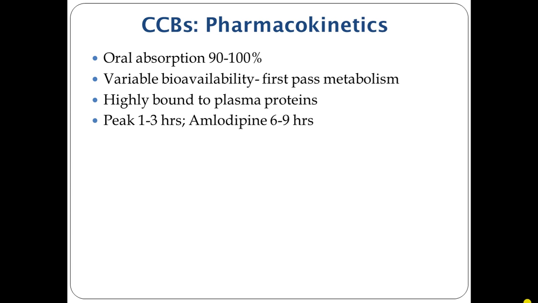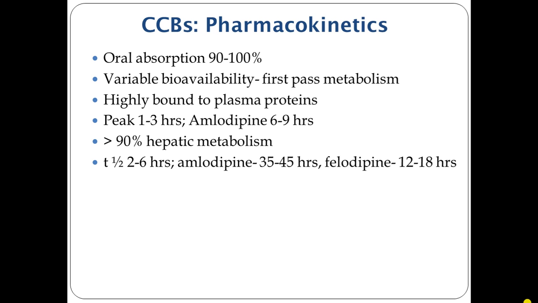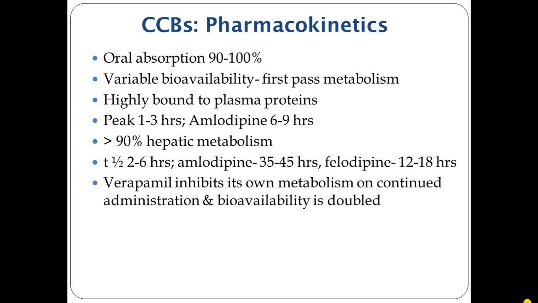Peak plasma effect is seen within 1 to 3 hours, and for amlodipine it is 6 to 9 hours. More than 90% of the drug undergoes hepatic metabolism. Half-life ranges from 2 to 6 hours, with amlodipine having around 45 hours of half-life, and felodipine 12 to 18 hours. Verapamil inhibits its own metabolism on continued administration, and bioavailability is doubled.